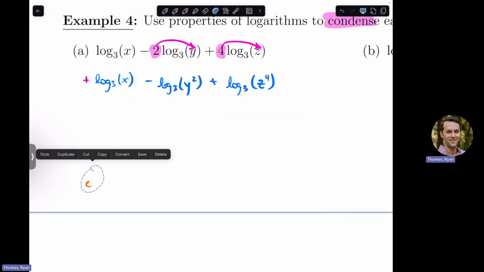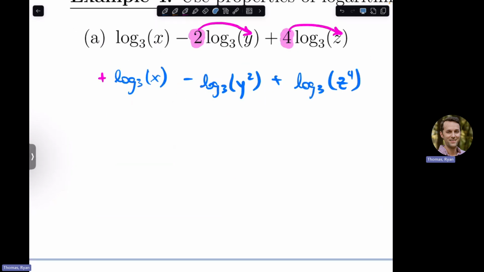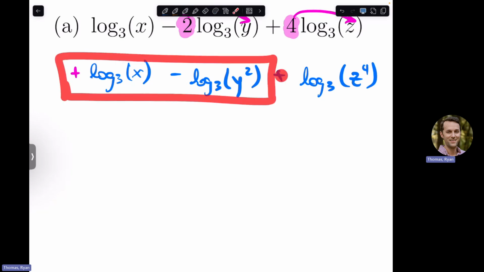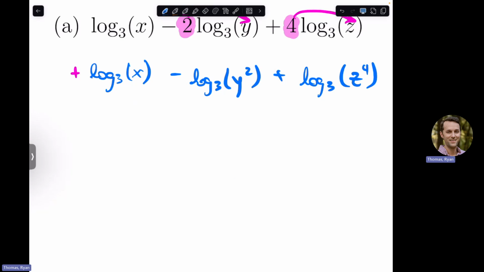So here's another way that we could look at this. Instead of trying to deal with the thing altogether, let's just look at those terms. Forget about the other one for now. We'll come back to it. It's a log minus another log, right? So division. So it becomes x divided by y squared.